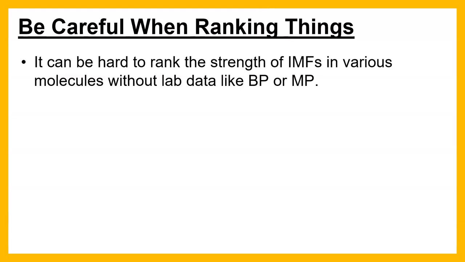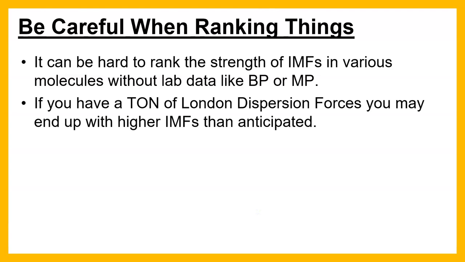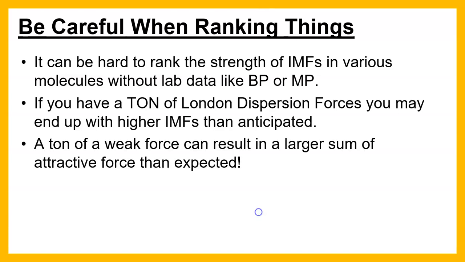One of the reasons your educated guess could end up incorrect is that we do not always take into account the amount of London forces that exist. If you have tons and tons of London forces, you may end up with higher IMFs than you anticipated. The sum of a lot of weak things can be strong.